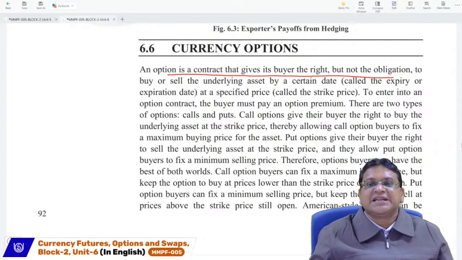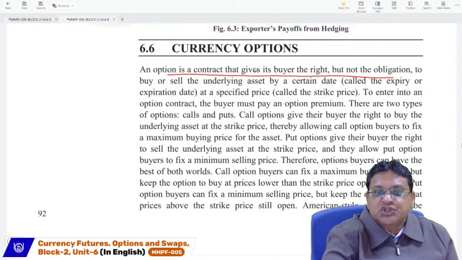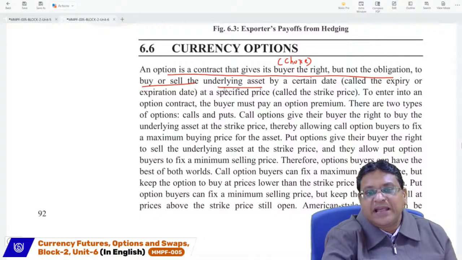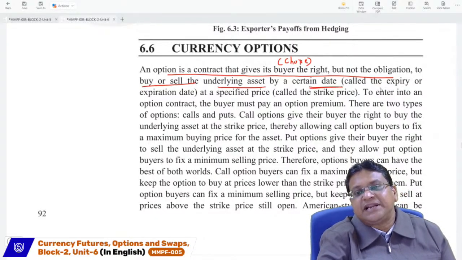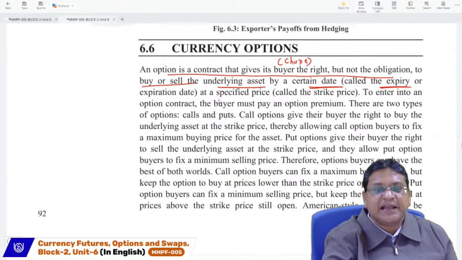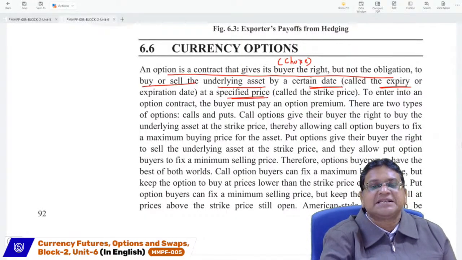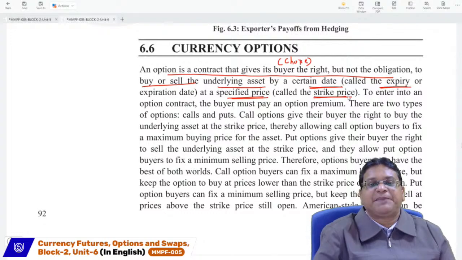So option means right, not an obligation, which means choice. The choice is to buy or sell what? An underlying asset at a future date. That date is known as expiry date. At a specified price, that price is known as strike price.